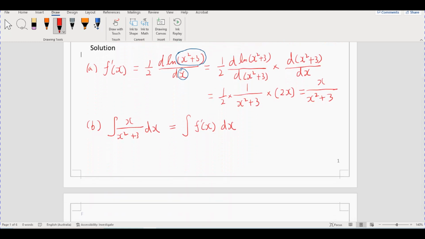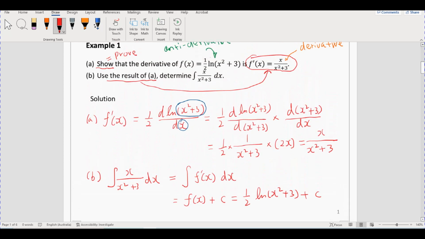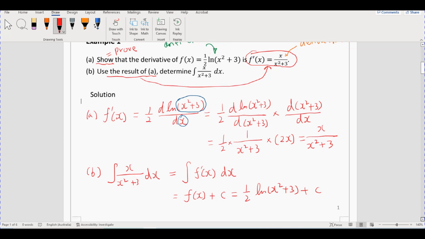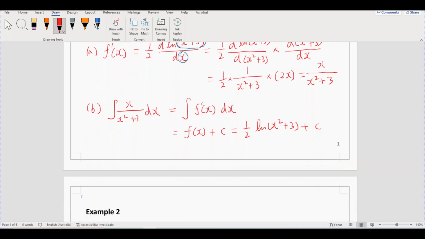What I'm doing is integrating the derivative of f(x). From the definition of integration, when you integrate the derivative of f(x), you go back to get f(x) plus c, and f(x) is just half log of x squared plus 3, plus c. You just go back to the original function, but you still need to write that plus c because that's indefinite integration. You always get that c.